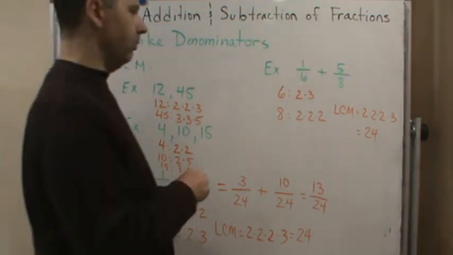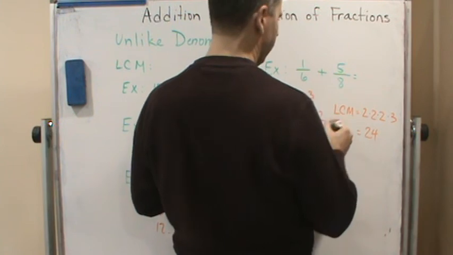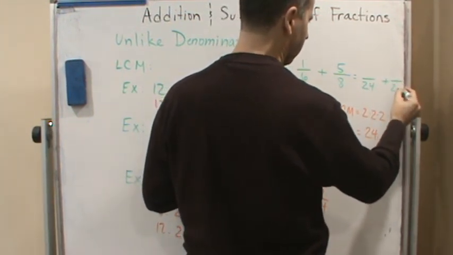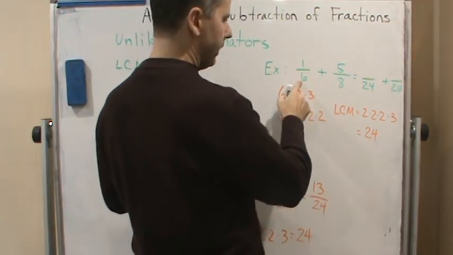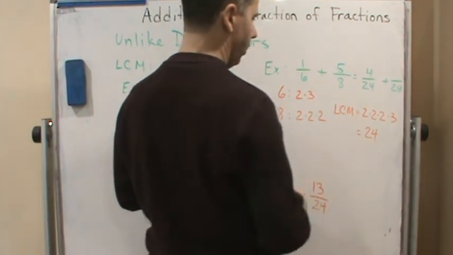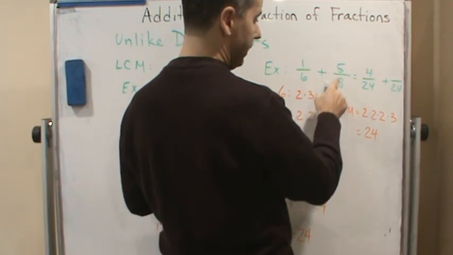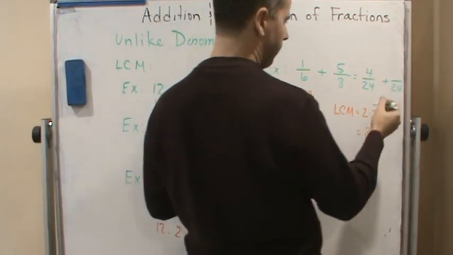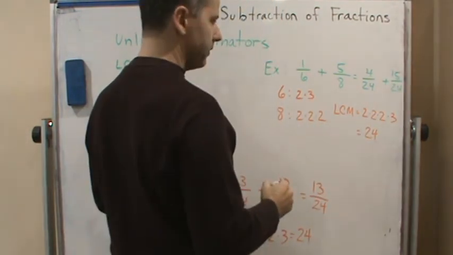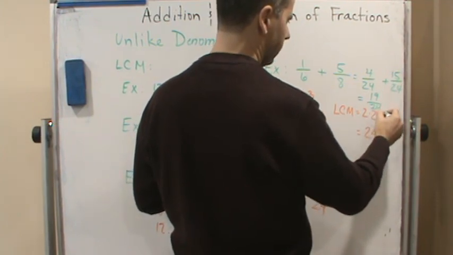And so now, what do we get? 6 times what equals 24? 4. So we get 4 over 24. And then what times 8 gives us 24? That's 3. So multiply both the top and the bottom by 3. And we get 15/24. And so our final answer is 19/24.